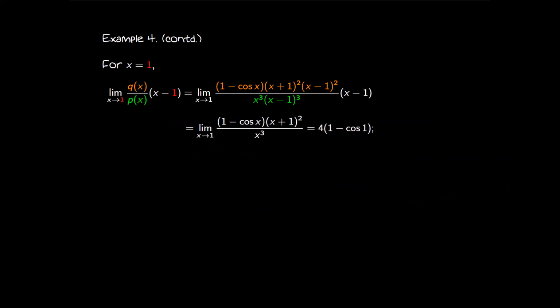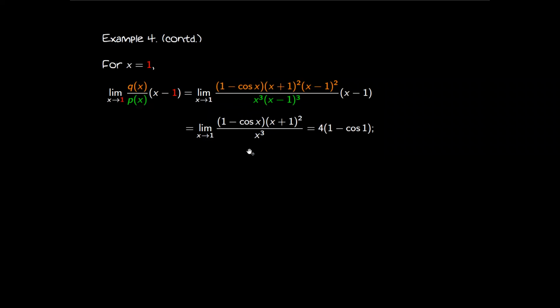Now we need to check the other point. When x is equal to 1, you check the first limit, the q over p times x minus singular point 1, as x approaches 1. And we can do some cancellations, right? So when you put all the coefficient functions in, you can cancel the x minus 1 parts, totally.